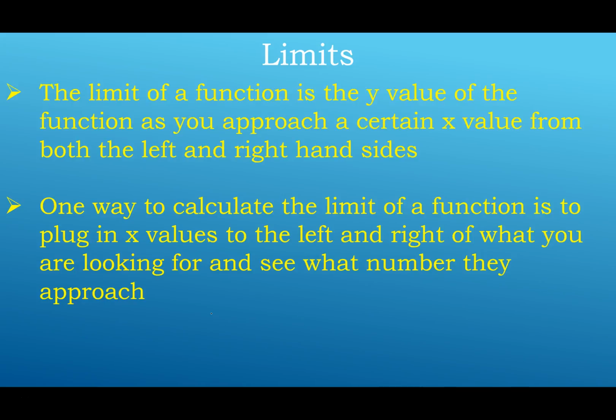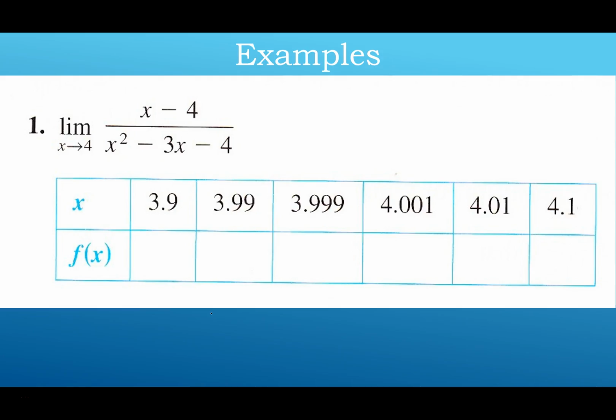Now, again, when we're talking about limits, we're talking about approaching a number as we're getting closer and closer to that number. One way to do this is to plug in x values to the left and right of it that are close to what you're looking for and see what number they approach. For example, if you want to evaluate the limit as x approaches 4 of x minus 4 over x squared minus 3x minus 4, one way to do that is to simply plug in 3.9, 3.99, 3.999, 4.001, 4.01, and 4.1.